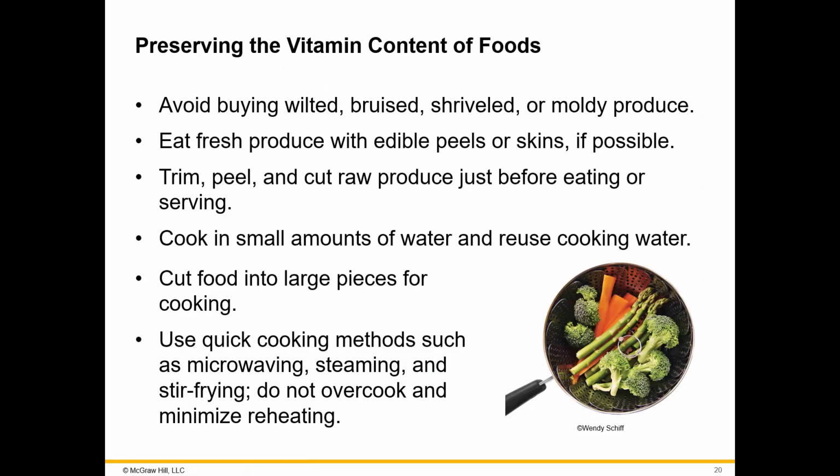Since vitamins are essential, we like to get the most we can out of them. So making sure you preserve the vitamin content in food is important. Especially, we want to get the most out of our money when it comes to fresh fruits and vegetables.